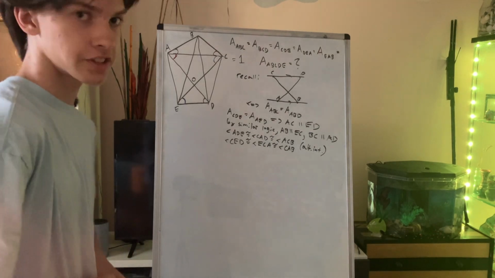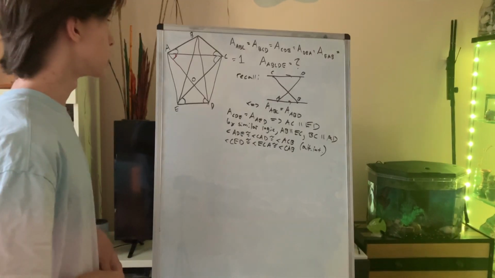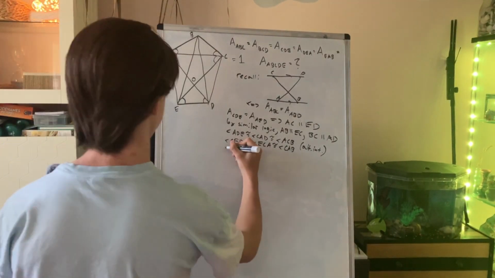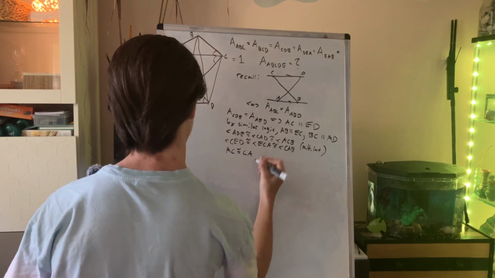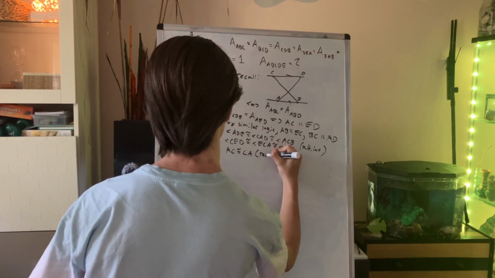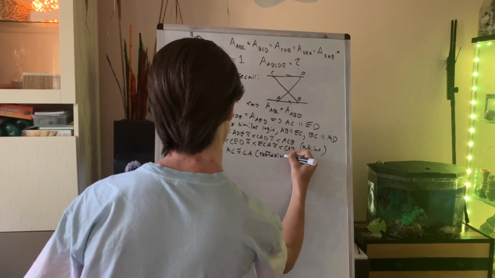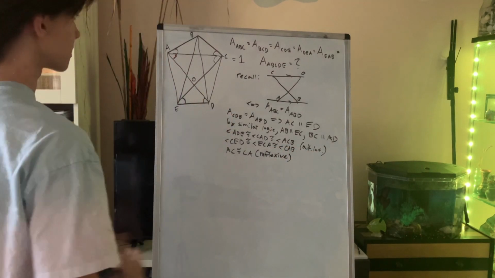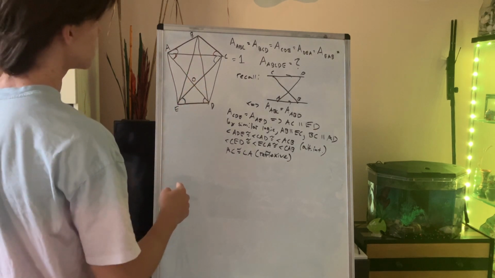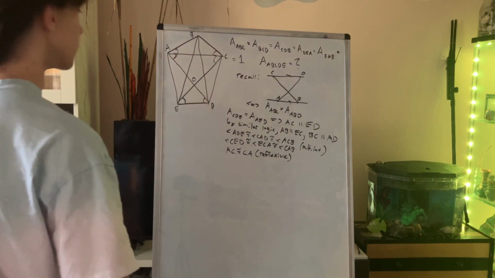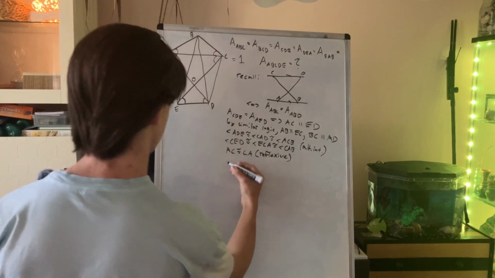All right, and here you must see something very interesting. Recall by the reflexive property that AC is congruent to CA. And look at this. Apparently it doesn't seem like so in this picture, but triangle ABC should be congruent to CEA, which is pretty cool.